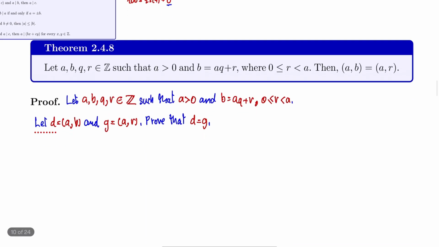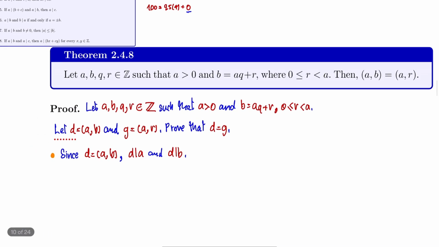Okay, so let's take a look at the greatest common divisor of a and b. We start from this. Since d equals the greatest common divisor of a and b, what happens? We're going to have d divides a and d divides b.